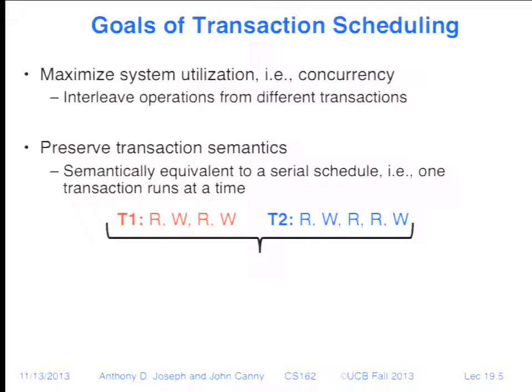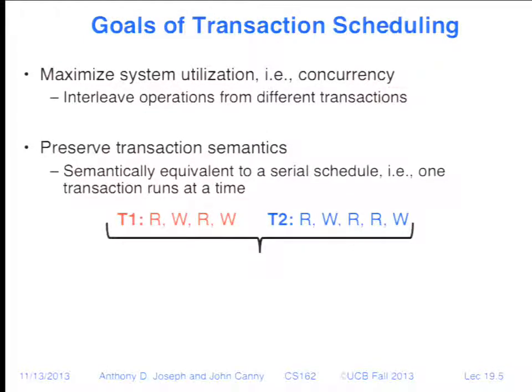Or if you have small transactions, while some part of the database is locked, the network may really dominate the time, since a small data update mostly involves moving the data around. So both of those are bad. We'd like to support as much concurrency as possible without violating the transaction semantics.